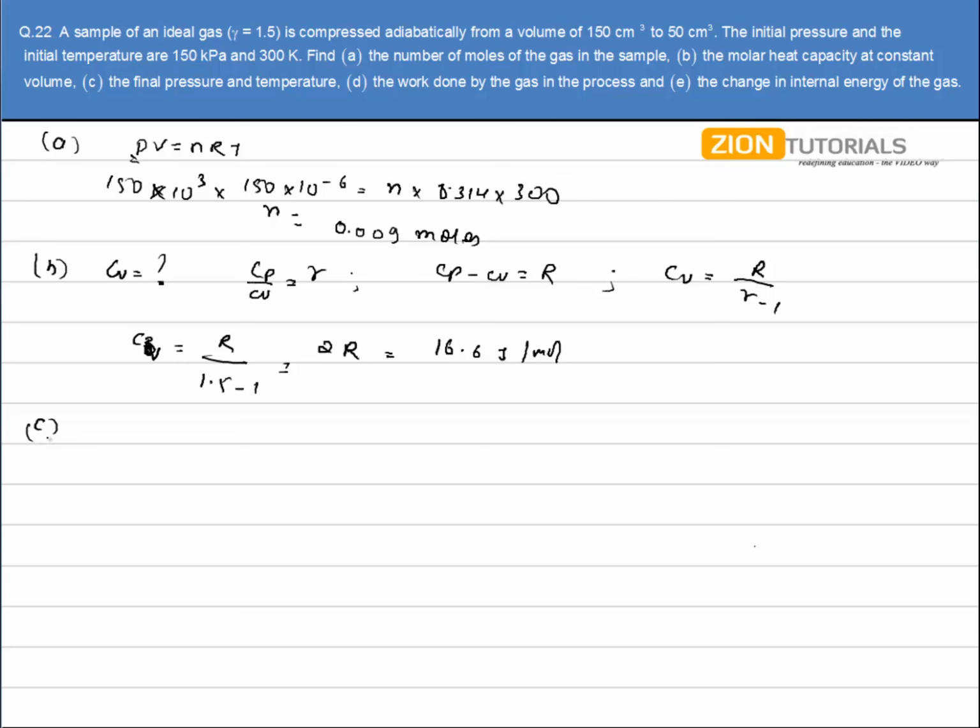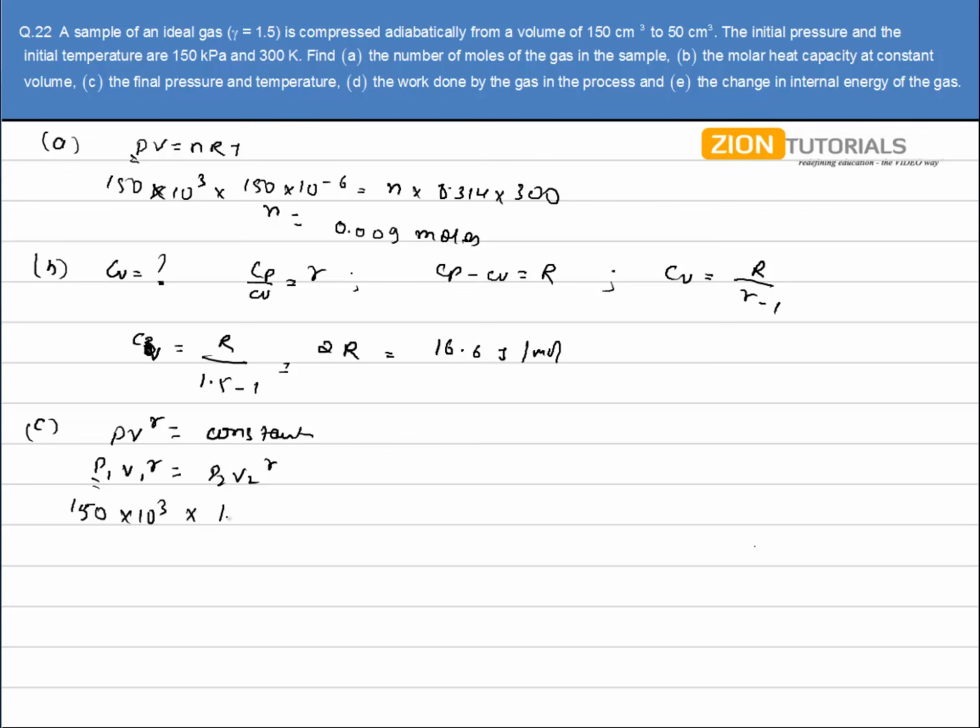Alright, in the C part, I have to calculate the final pressure and temperature. So it is given that it is an adiabatic process, so PV to the power gamma will be a constant. So I can write P1 V1 to the power gamma is equal to P2 V2 to the power gamma. The initial pressure is 150 kPa.